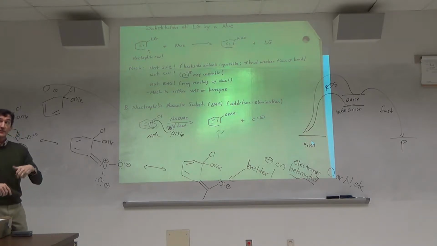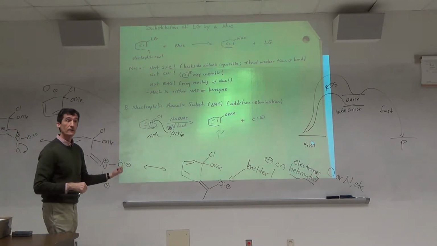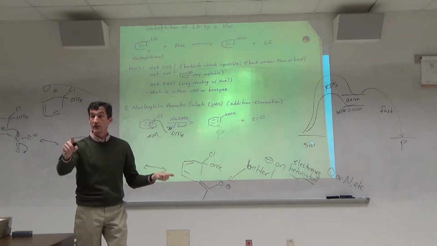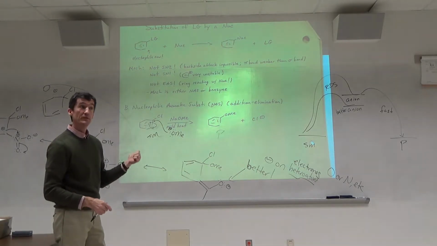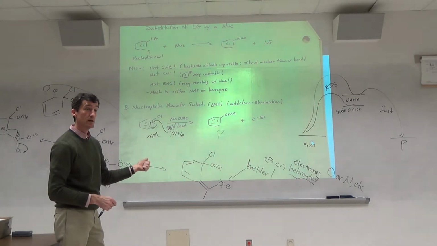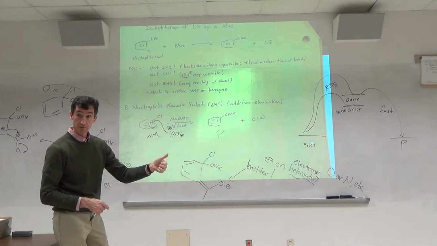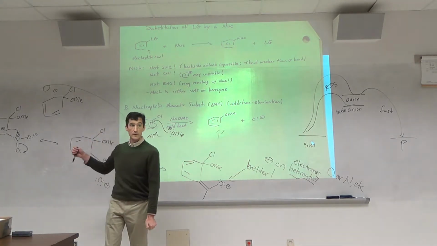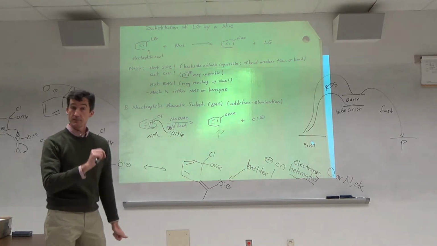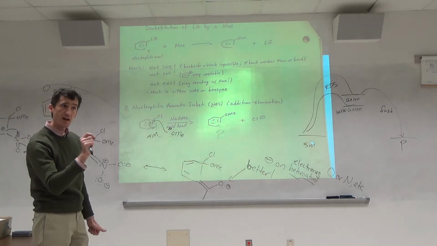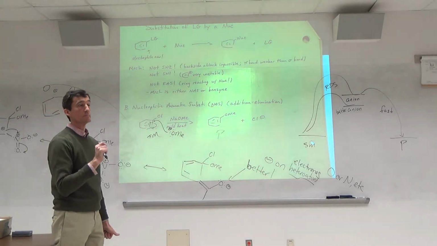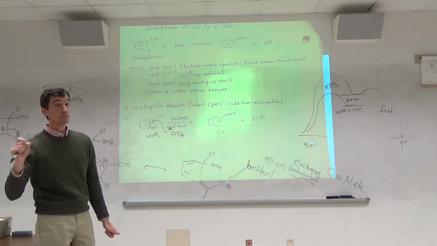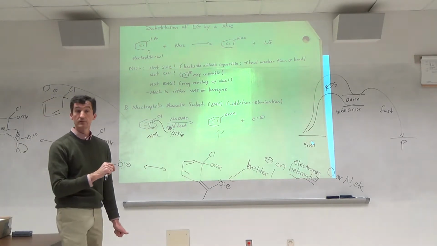But hold on, I thought nitro was a deactivator. For EAS. It's a deactivator for EAS because the intermediate for EAS has a positive charge, and you don't want an electron withdrawing atom with a positive charge over here. This is NAS. It has a minus. So your terminology: nitro is a deactivator for EAS, but actually an activator or promoter for NAS.